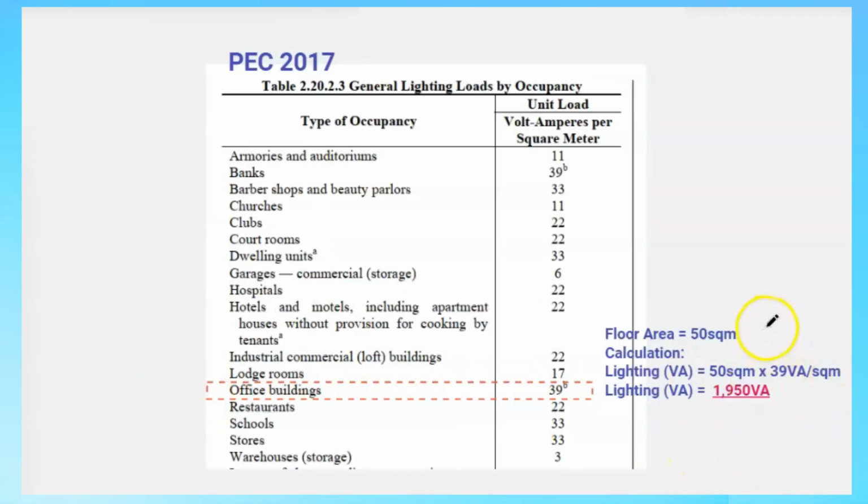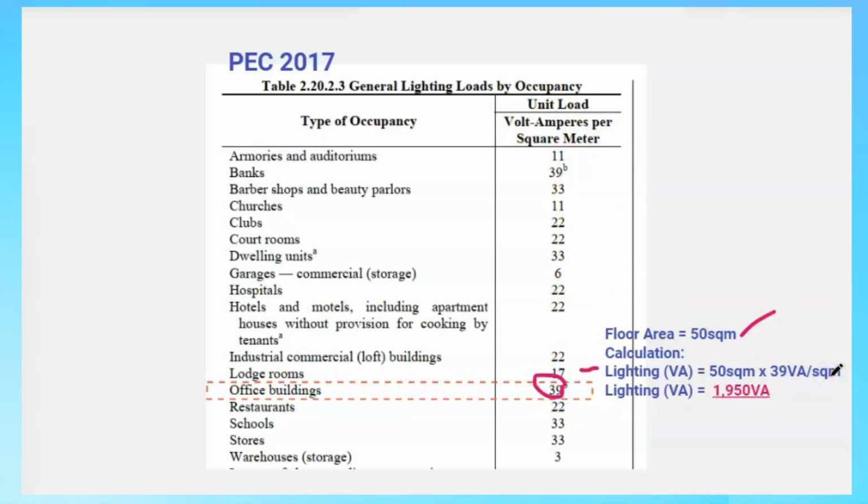Okay, from that, we have a floor area of 50 square meters. So, our calculation for lighting VA is 50 square meters multiplied by 39.